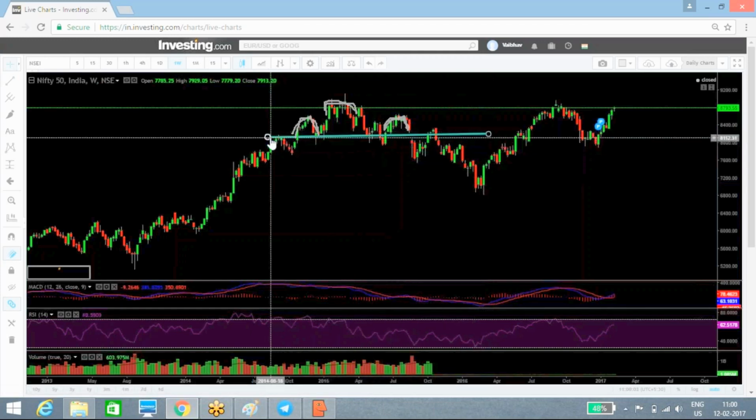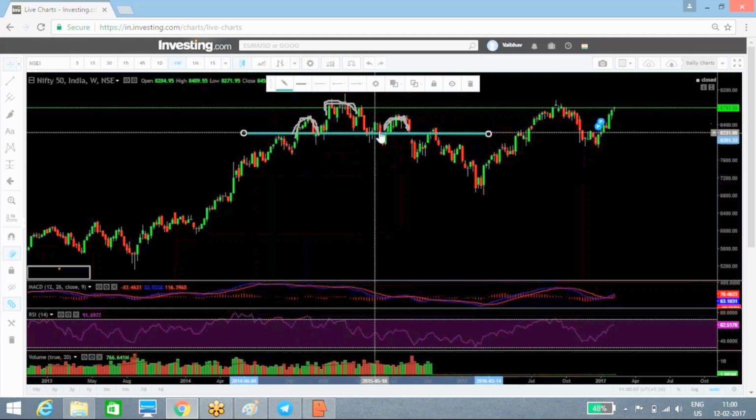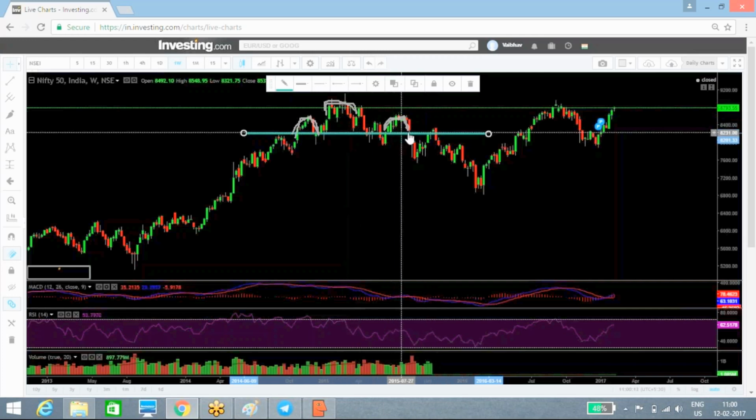These are the shoulders, this is the head, and now it is the neckline. Once it breaks below the neckline and closes below it, then it's gone.